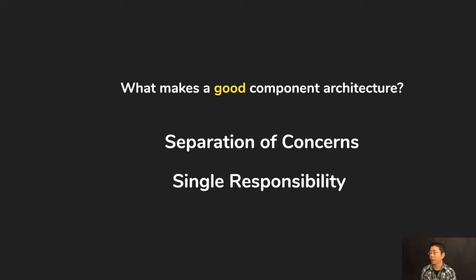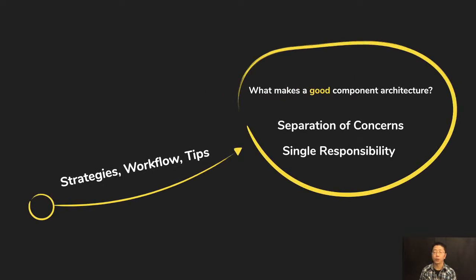The point of this presentation is to show you some of the strategies, workflow and tips that I personally use, which may or may not be helpful for you. If at the end I could get you to think about what kind of strategy or workflow you want to use, I will be satisfied with the result.